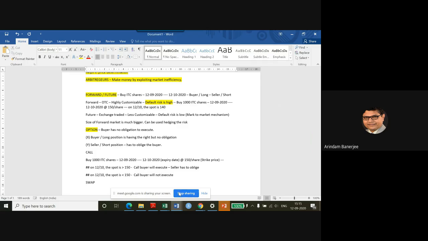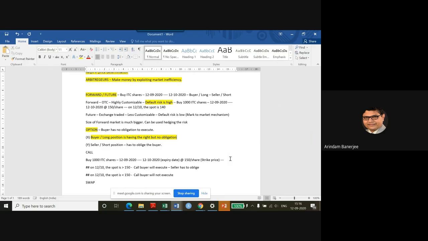So when he allows this option to expire, the question is: this is a right but no obligation, will he get it free? Obviously not. He has to pay a premium, some price for it, because the seller is allowing this right to the buyer.